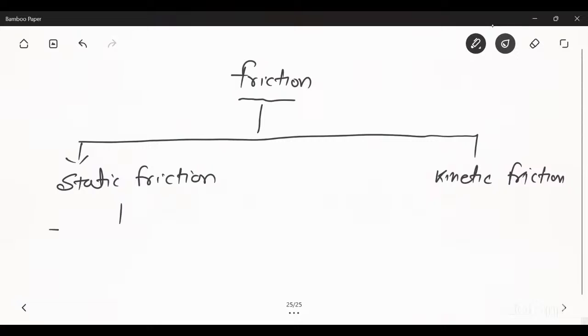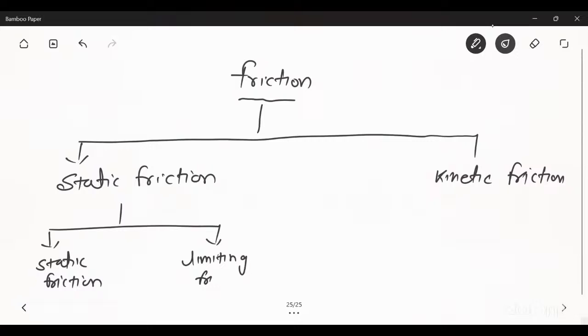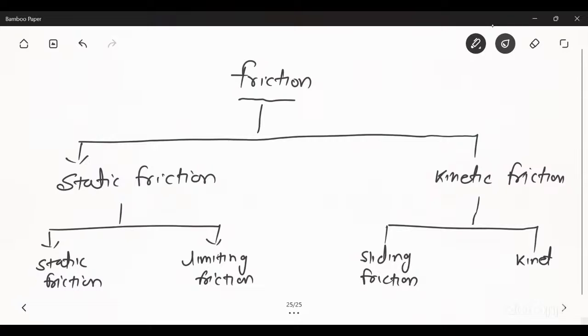Static friction is also of two types: static friction and limiting friction. And kinetic friction, which is in motion, is also of two types: sliding friction and rolling friction.